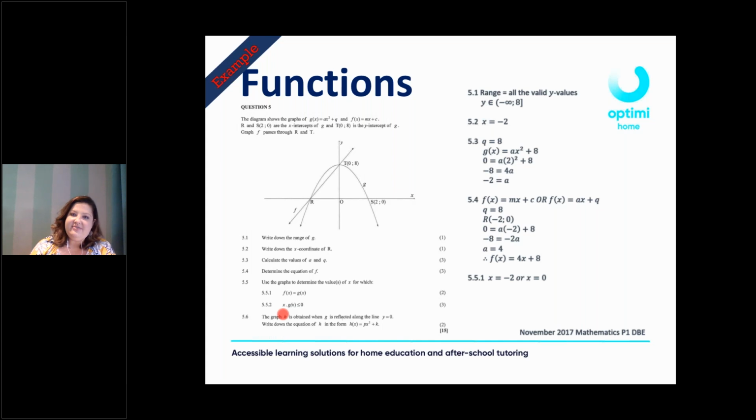One should be positive and one should be negative, because a positive times a negative is a negative, or one of them should be a 0, because they say smaller or equal to. So smaller than 0 is your negative values and equal to is your 0 value. So that is where my x and my y value is one positive, one negative, or 0. Okay, so that's a lot to think about.